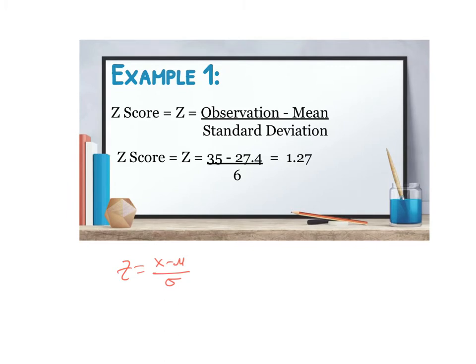If you want to do this in one shot on your calculator without doing it in 2 separate steps, like doing 35 minus 27.4 and then dividing by 6, you would have to put the 35 minus 27.4 in parentheses so that the calculator knows to do that first, and then you could hit divided by 6. So anyway, I get 1.27 was our z-score.